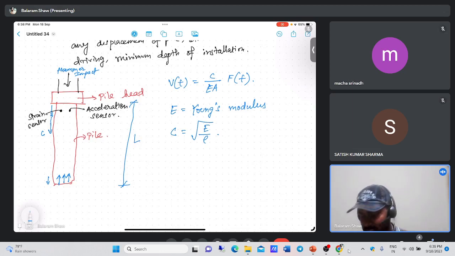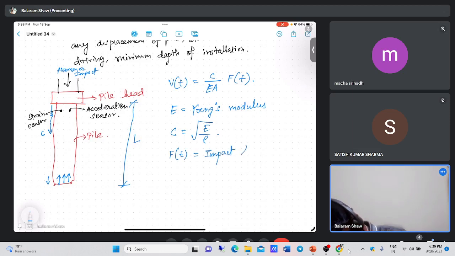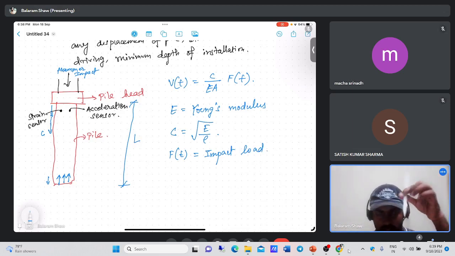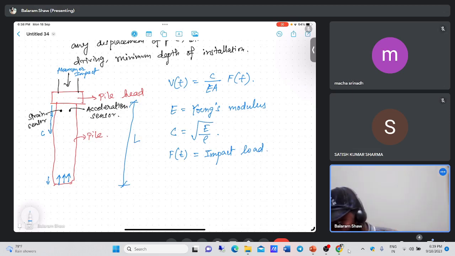So A is the cross section area of the pile, and Ft is the impact load. Okay, and whenever the load is considered in the downward direction, then we consider it as positive, and when it is in the upward direction, then we consider it as negative.